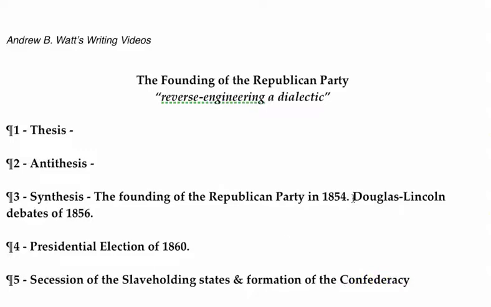But for me, it's much more interesting to think about this as being a synthesis of two existing patterns. And as you may recall in last night's homework, we read about Bleeding Kansas, which is the 1840s or so. I am flipping back in the book.